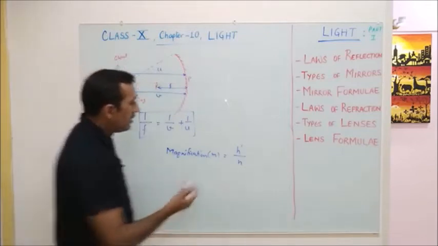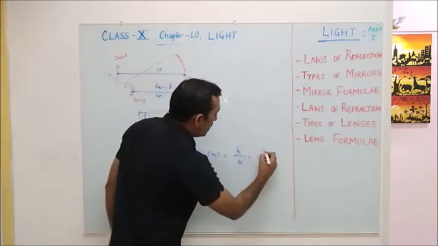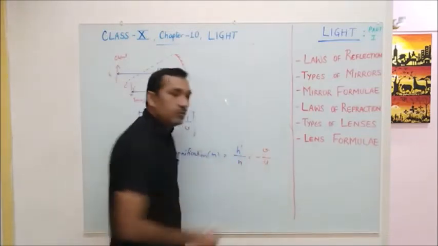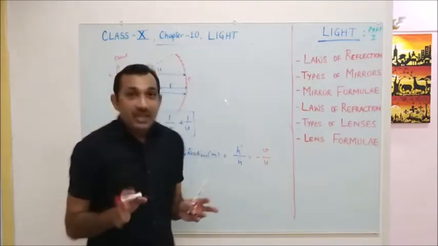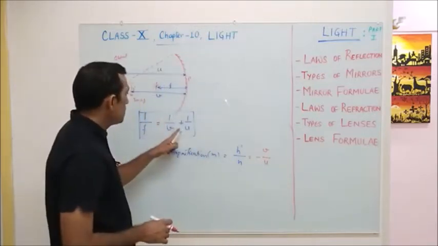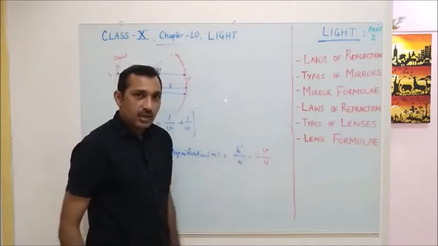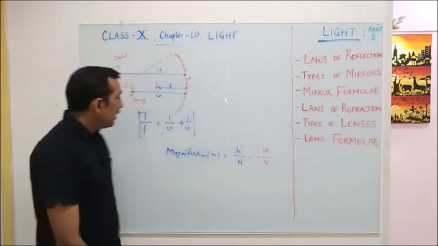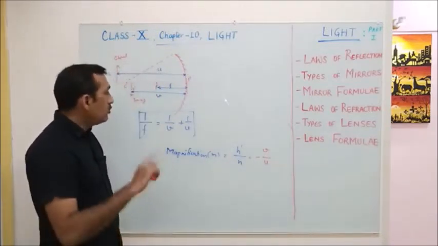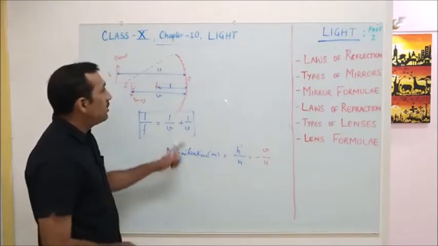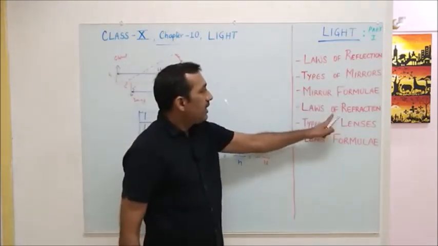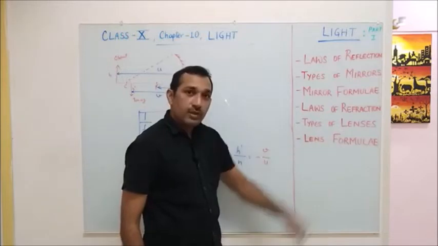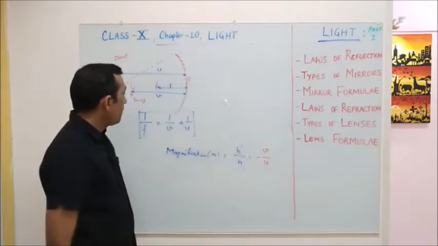Then what is the relation? Minus v by u. It's very confusing where is plus and where is minus. I will tell you how to not get confused between the mirror and lens formula once I do the lens formula.